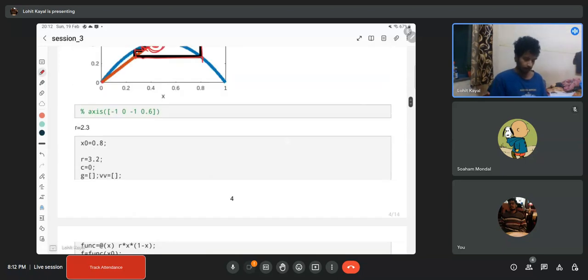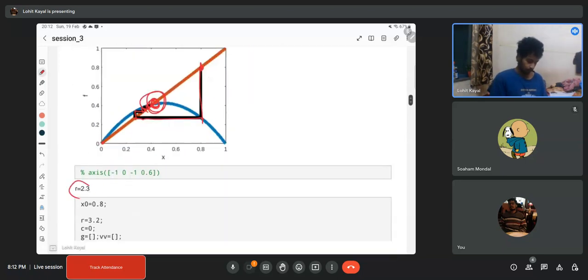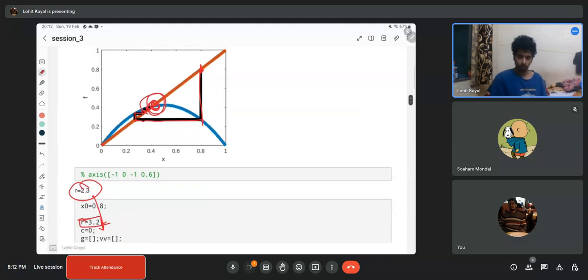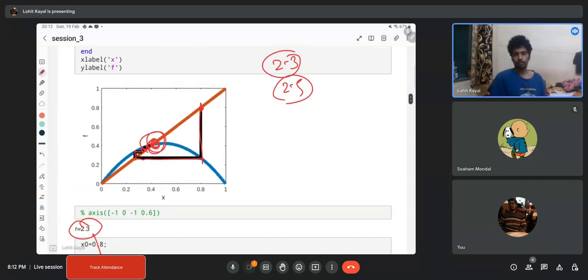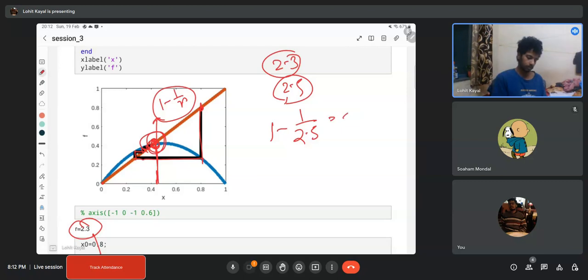Now, I haven't done it, so I mistakenly wrote it for r equal to 3.2. If you use 2.3 or 2.5 or any such point, you will see a similar kind of diagram. It will converge to this point, which is 1 minus 1 over r. So this is the other root. For 2.5 it will be 1 minus 1 over 2.5, so it will be 0.6.